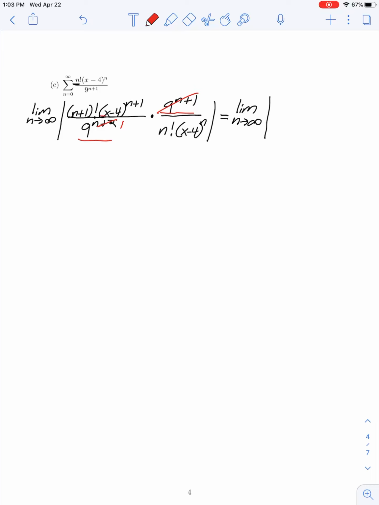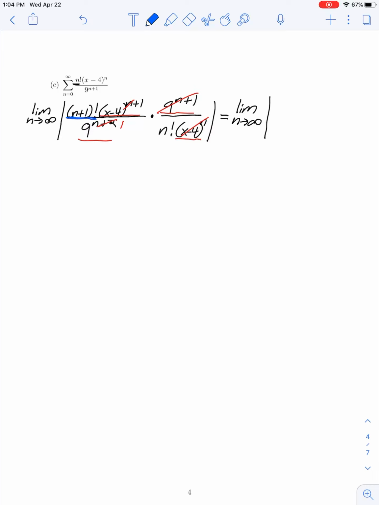Now we can also look at x minus 4 to the n plus 1 over x minus 4 to the nth, and canceling n factors of x minus 4 on top and bottom, we're left with x minus 4 to the first for our numerator. And lastly, we could consider these factorial terms.